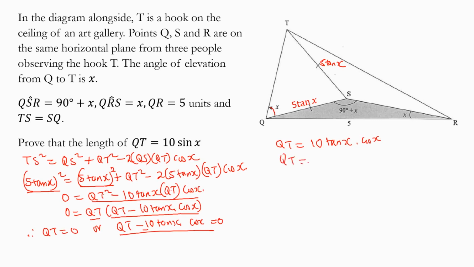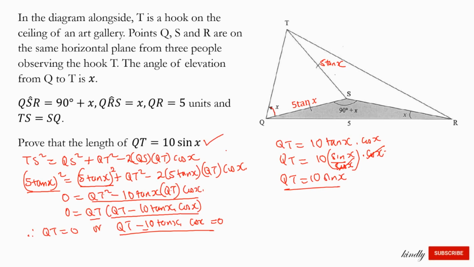So QT is equal to 10 sin x over cos x times cos x. Then cos x divided by cos x is 1, so we remain with QT equal to 10 sin x. So we've managed to find our QT there, or we managed to prove that QT is equal to 10 sin x. Right, so we're going to meet when we're doing question 8.3.